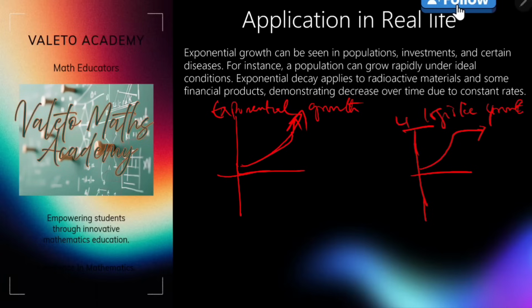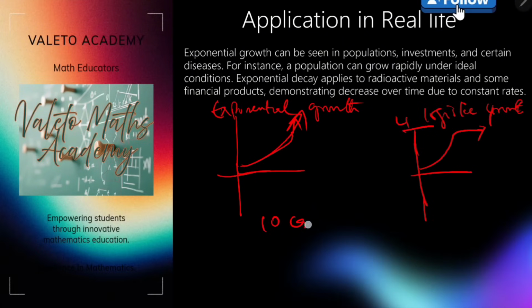Just for instance, let's say you have 10 cats in an island and 10,000 rats.